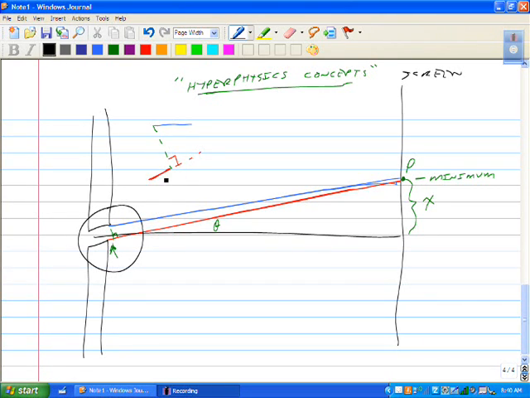And then we've got the normal, the line straight from the opening to the screen, and this is labeled as the angle theta.